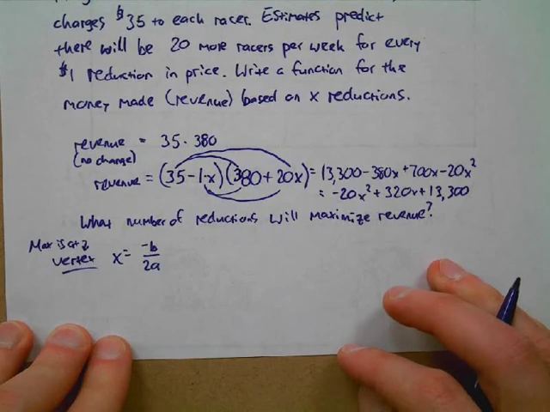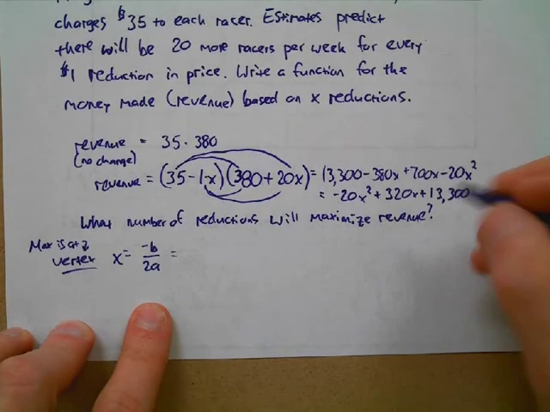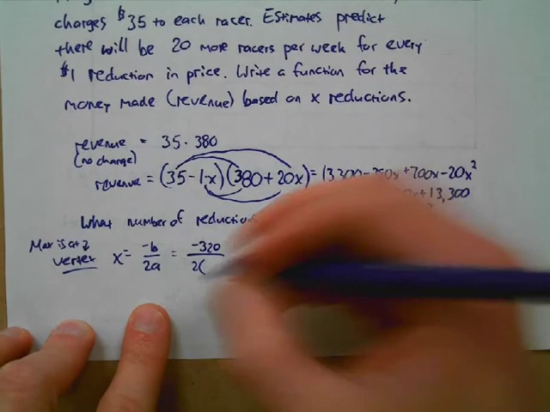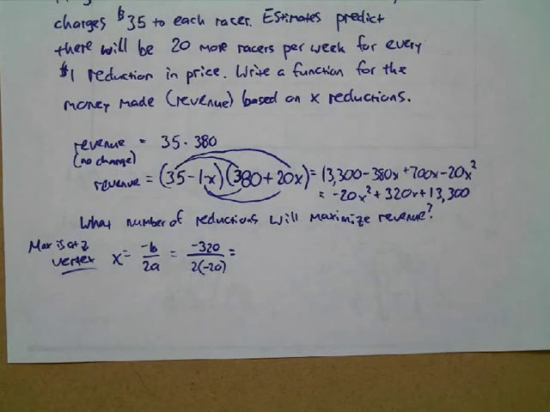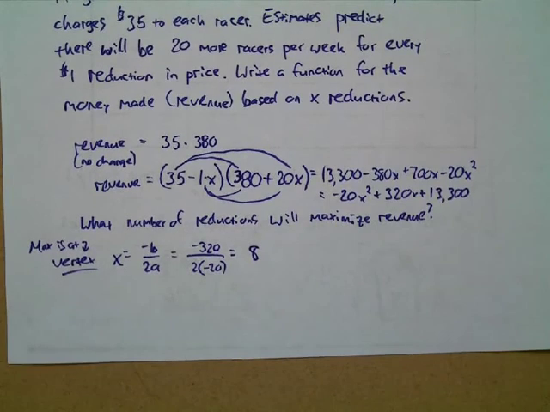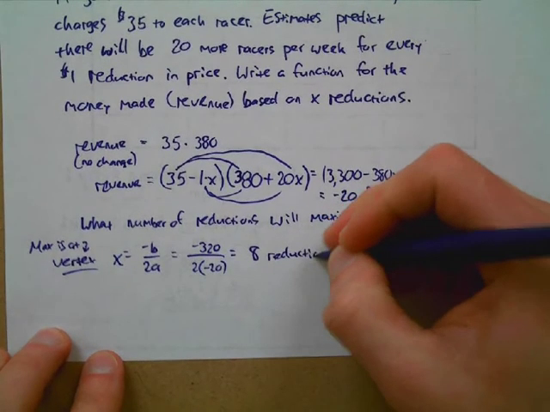Okay? So your b is 320, so it'll be negative 320 over 2 times a, which is negative 20. Okay? And so it's 8. Eight reductions.